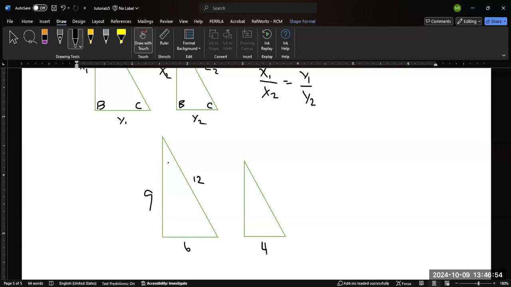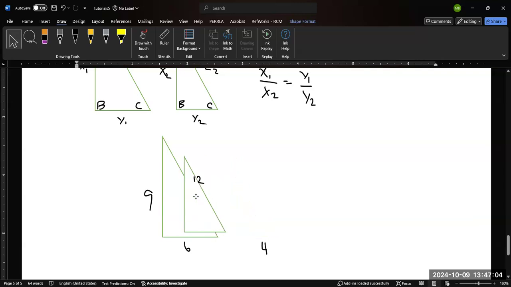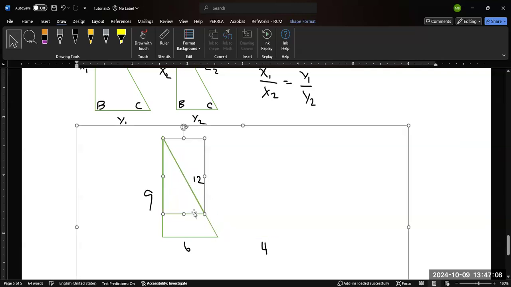Now, again, there are different ways that we can represent this information in this triangle. You will sometimes be given problems where the triangles are literally stacked on top of each other, like so. This is a way of providing that information. These lines here are parallel.